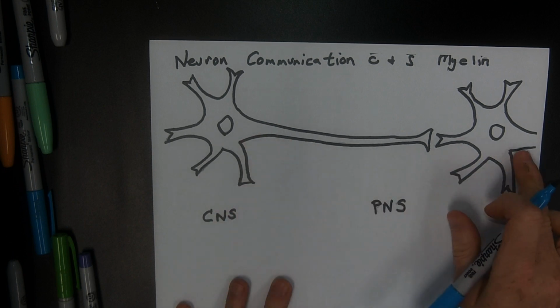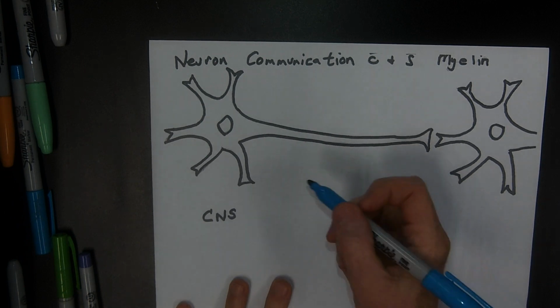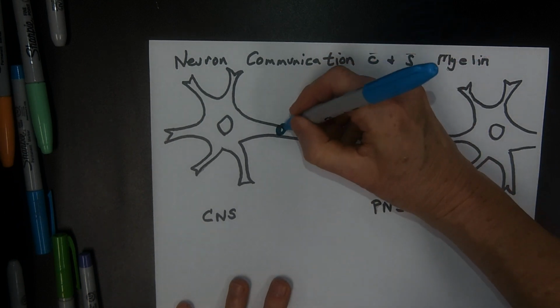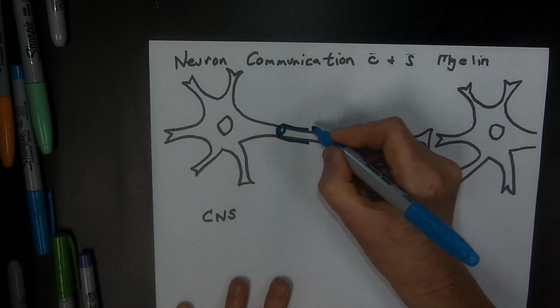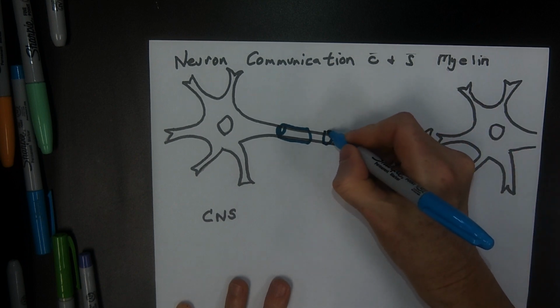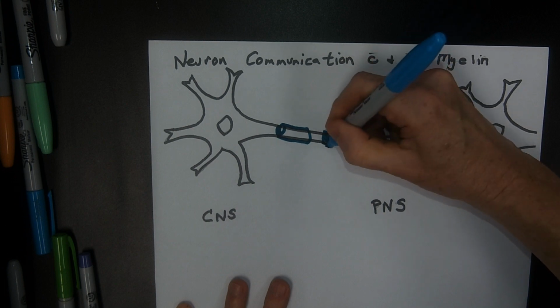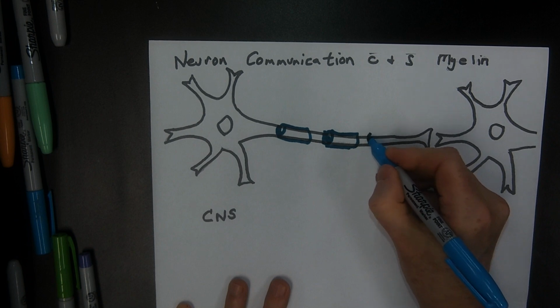So this is just 2 neurons in sequence, dendrite, soma, axon, synaptic terminal. So here's 1 Schwann cell. Another Schwann cell. And then the 3rd Schwann cell.